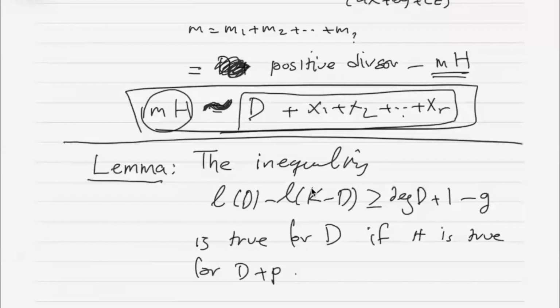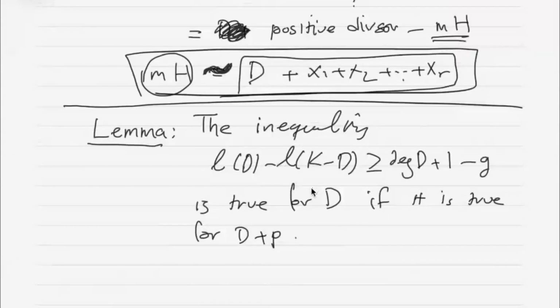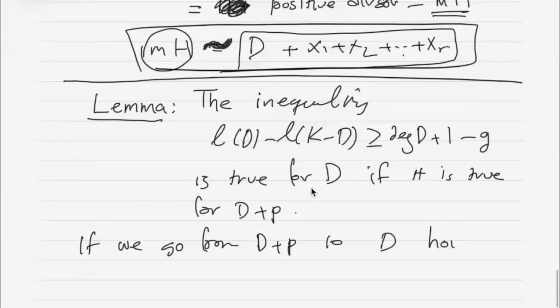And okay, now let's see why this lemma should be true. So if we go from D plus P to D, how much decrease do we have in L of D minus L of K minus D?